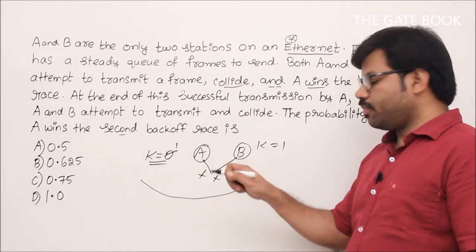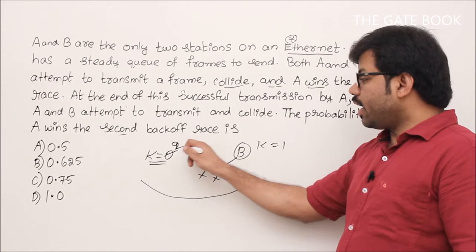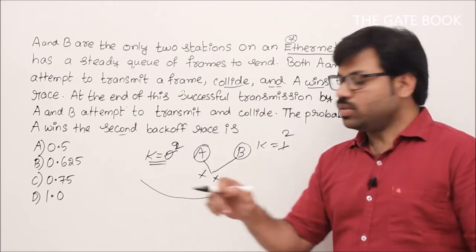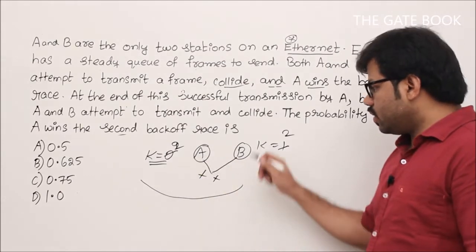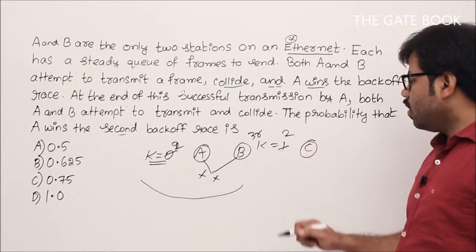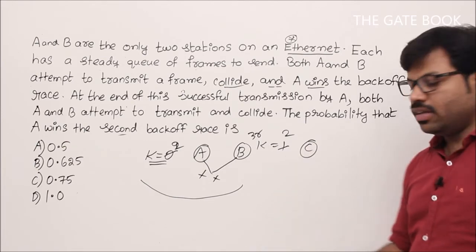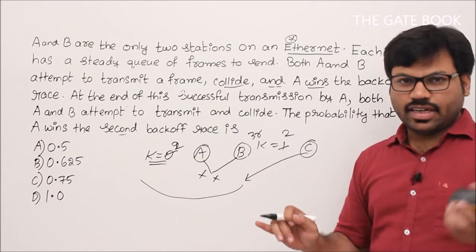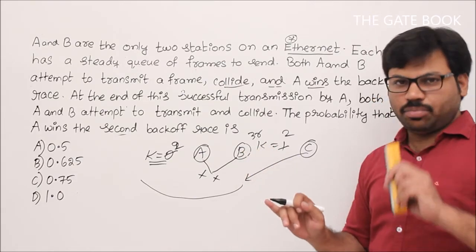Again if they try and they get a collision again, the k value will become 2 for both. Assume that this time, the third time, A and B and C are in the game. This time C is also added. C wants to send the data and B doesn't want to send the data because of its number, it is getting postponed.